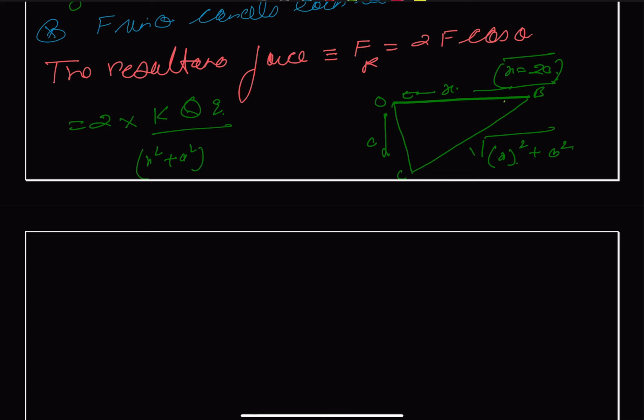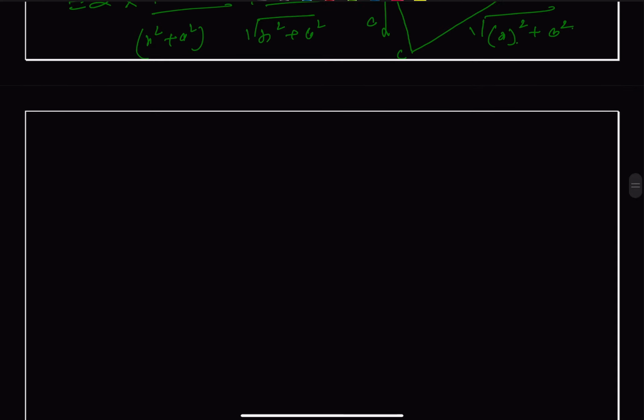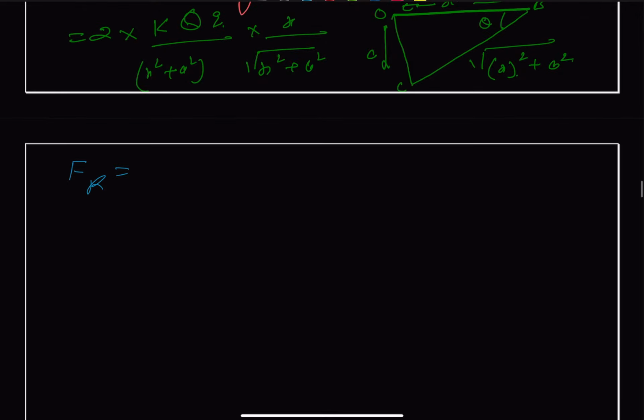This is our angle theta. So our cos theta comes as X upon the square root of X square plus A square. Therefore, we can say our resultant force Fr will be equal to 2kQq multiplied by X upon X square plus A square to the power 3 by 2.